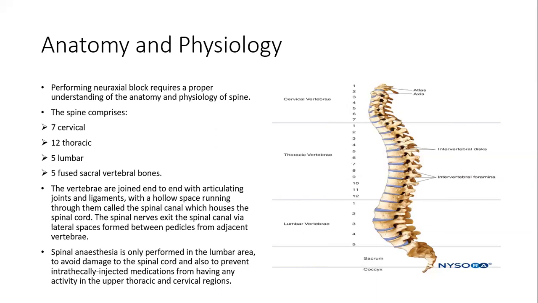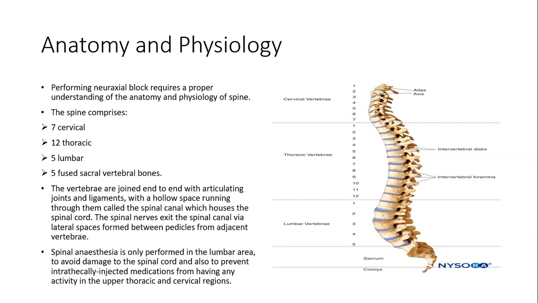The spine comprises 7 cervical vertebrae, 12 thoracic, 5 lumbar, and 5 fused sacral vertebral bones. All these vertebrae are joined together end to end with articulating joints and ligaments, and it houses the spinal cord in the spinal canal.